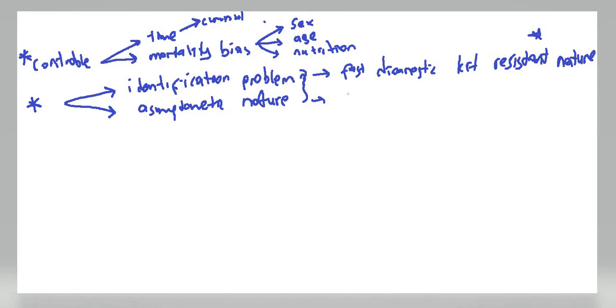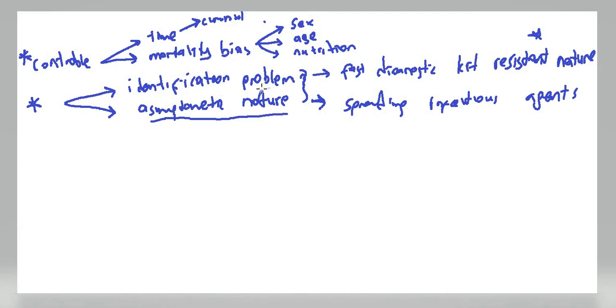If you think that you are sick, you probably don't go to school, you probably don't go to work, you will stay at home, and spreading of the infectious agent won't be achieved. Okay, so asymptomatic nature is important, and the identification problem, I will talk about this one later.